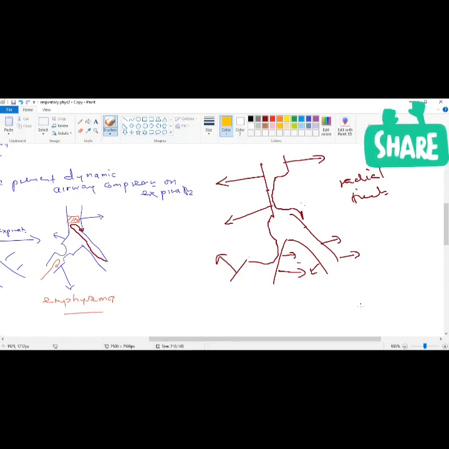Because in those people, they have more radial traction. It's like the opposite of emphysema. In emphysema, there's destruction of the elastic tissue, so there's less radial traction. In pulmonary fibrosis, there's more. They have more collagen, more elastic fiber.